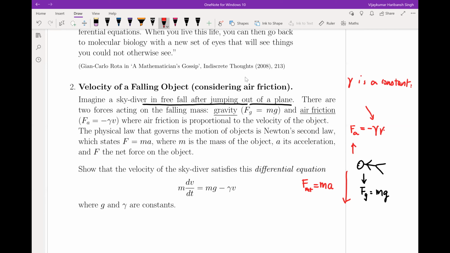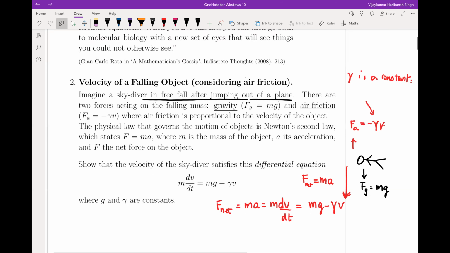So therefore, what do we get? We get F net, which is mass times acceleration, which is the same as m times dv by dt, is equal to, now the net force is acting in the downward direction. Since we take that with a positive sign, gamma v is acting in the opposite direction of that.